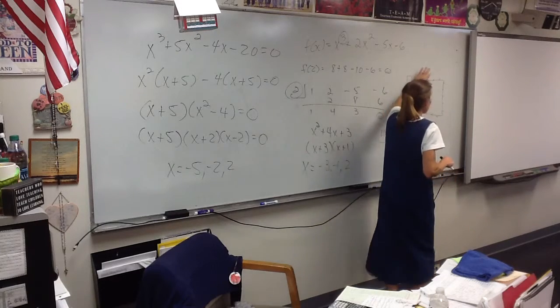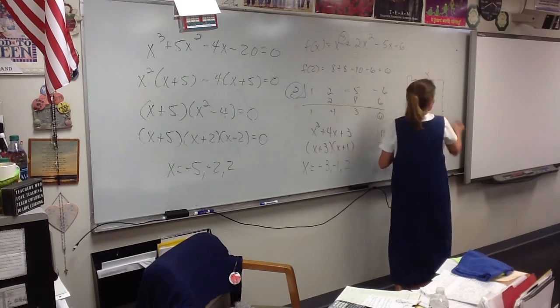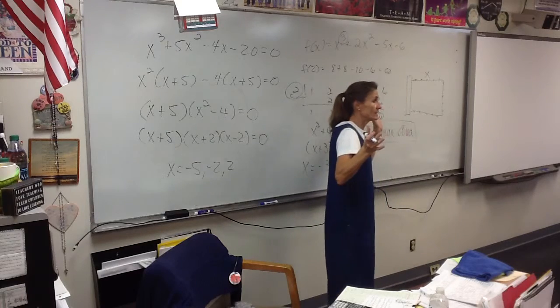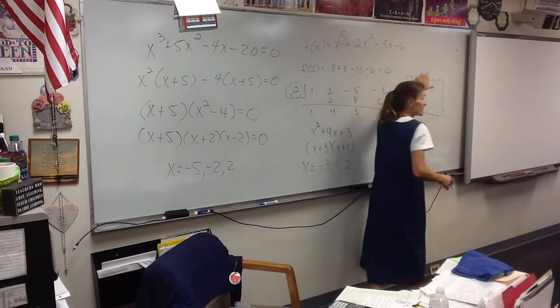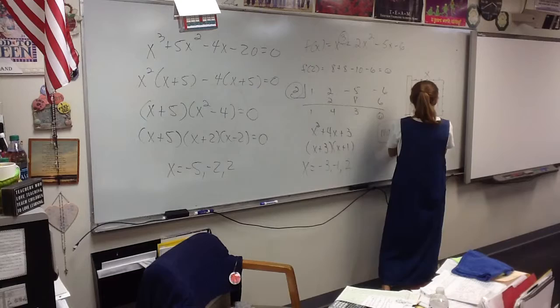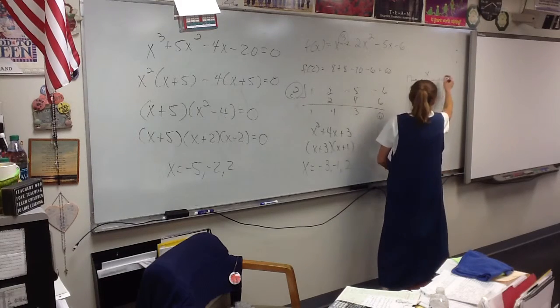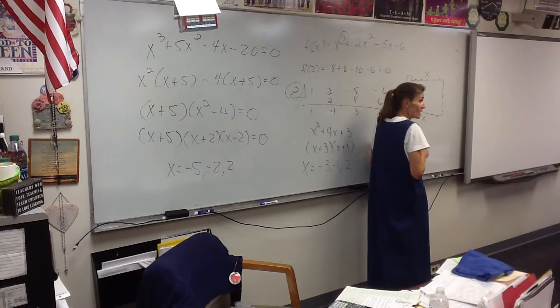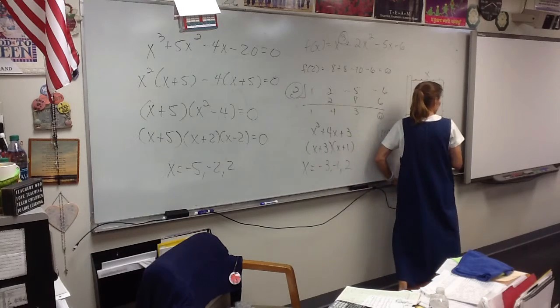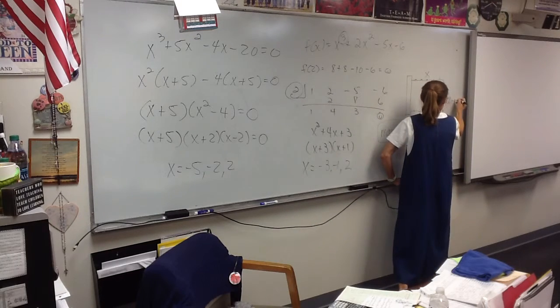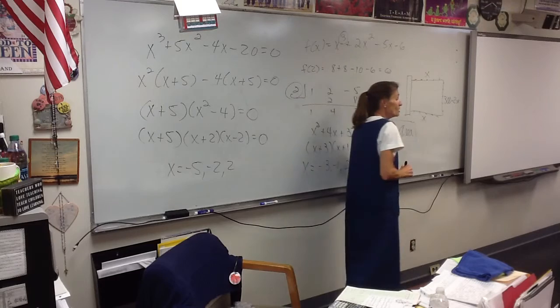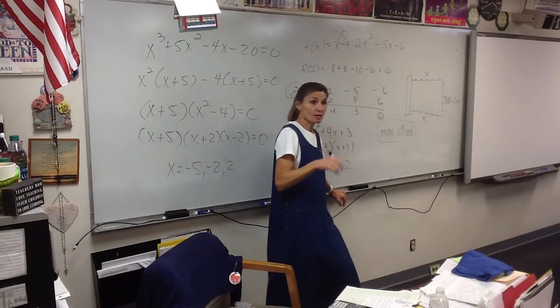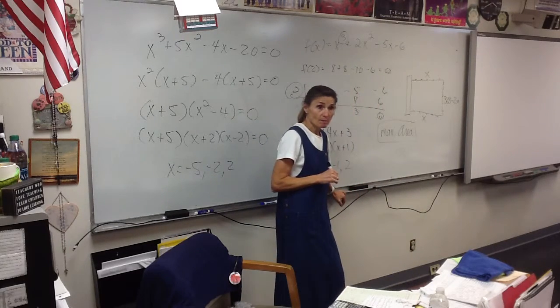I have no idea what this side is. I'm going to call it X. I have no idea what that is. But if that one's X, what's this one? X. And if these all together make 300, then what's that? 300 minus 2x. So now I have the dimensions of my pen.